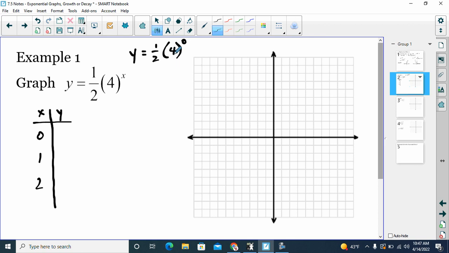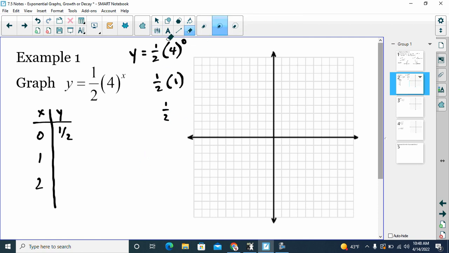Earlier this chapter, we said anything to the 0 power is 1. So 4 to the 0 would be 1. And then we multiply and divide and then add and subtract. So we always want to do the exponents before we multiply. I did the exponent first, and now I do 1/2 times 1. If I plug in 0 for my x, I get 1/2 for my y.